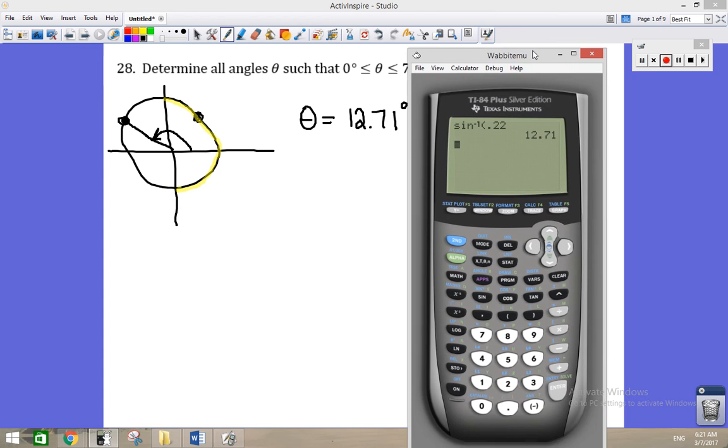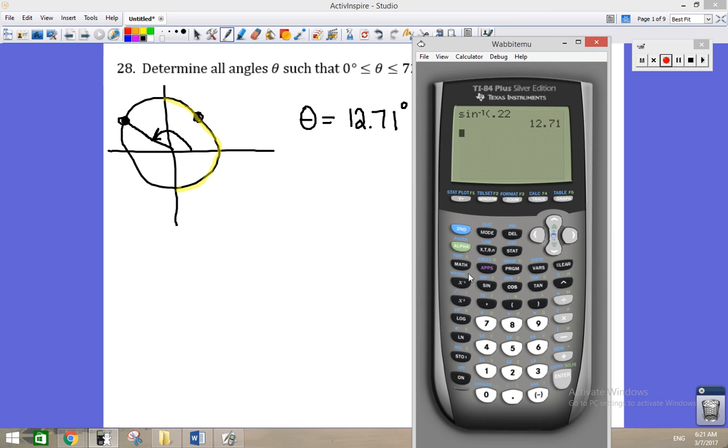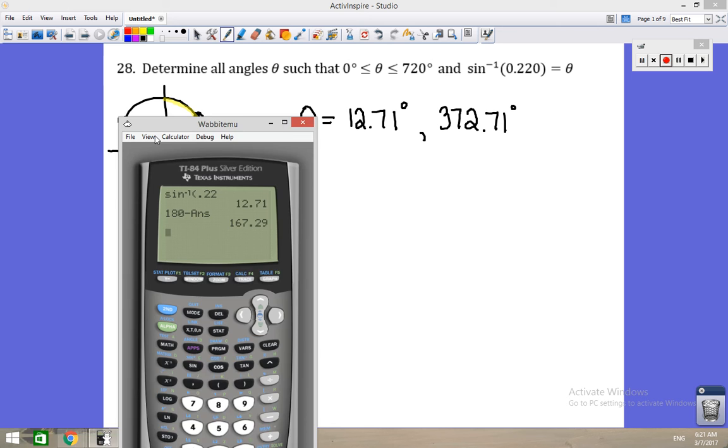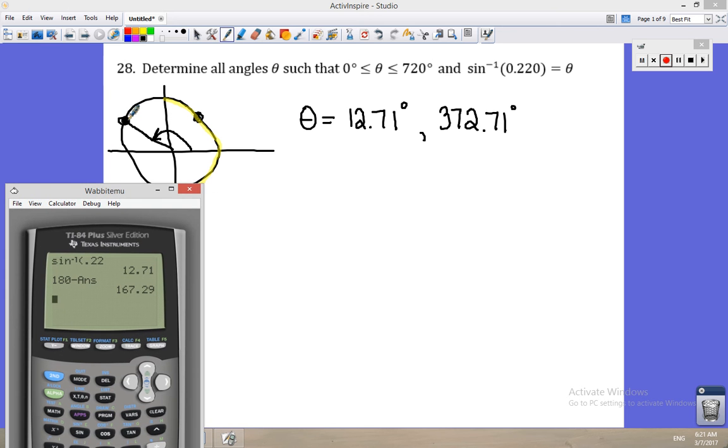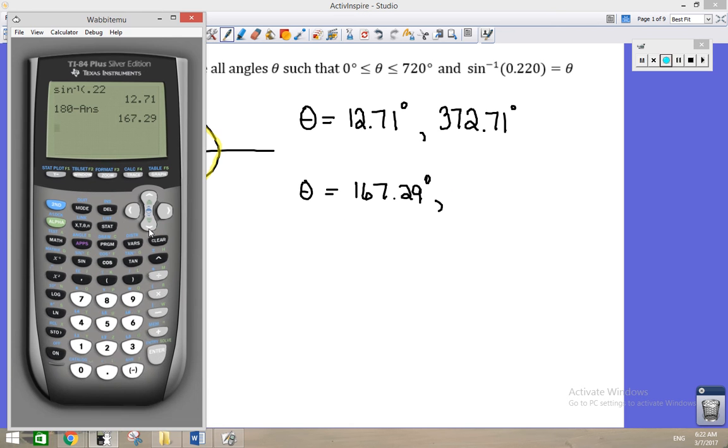It's in quadrant 1. So if I take 180 minus that reference angle, then I have another answer in regards to this point in quadrant 2. And I can find the coterminal angle to it by adding 360.